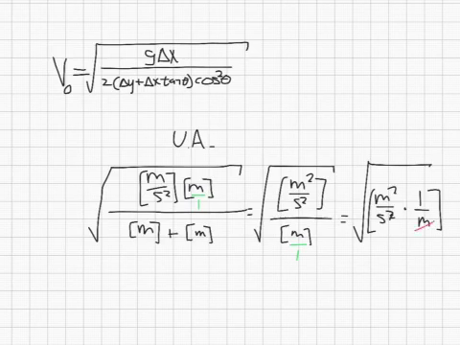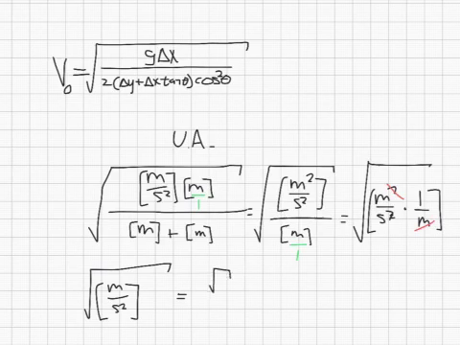That's going to cancel out one of the m's here, and we're left with 1 m on the top. Going down to my next line, I have the root symbol still, and I'm going to have a meter over seconds squared as my unit. If I take the square root of this, I'm actually going to have root m over seconds as my final units.